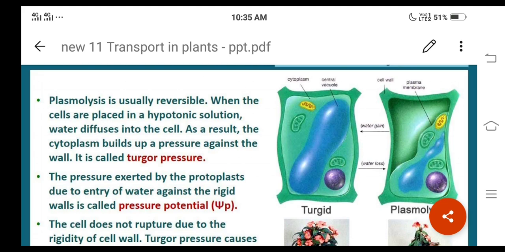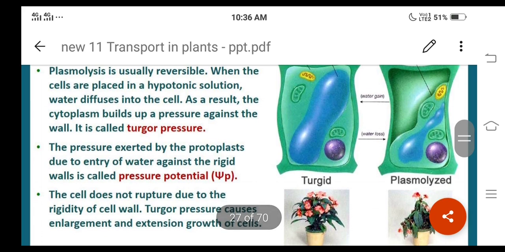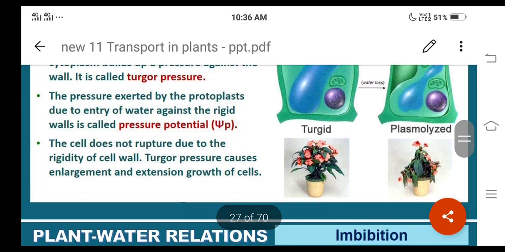Try to understand the next point. The pressure exerted by the protoplast due to entry of water against the rigid cell walls is called pressure potential, denoted psi p. The cell does not rupture due to the rigidity of the cell wall.